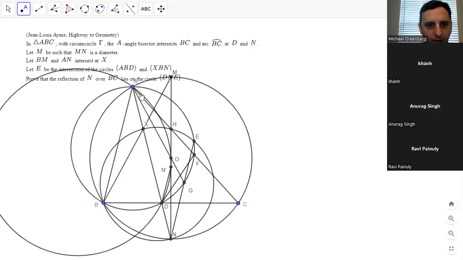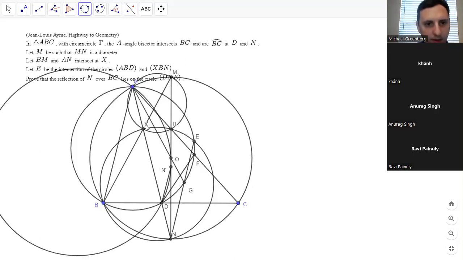And that would be the same as half of arc AM plus arc CN, which would be angle NHC. And then probably this is also cyclic, AXHM.